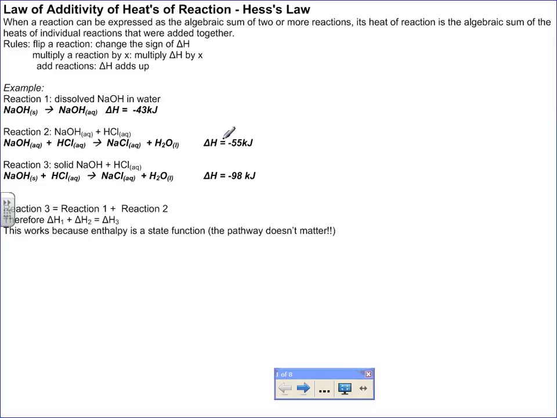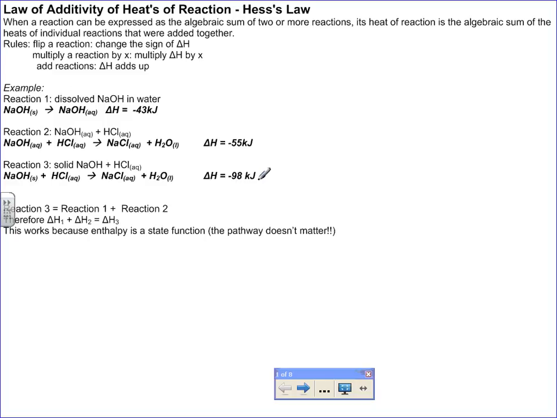These two reactions are really added to produce this final reaction, but we could do this third reaction on its own. So in an experiment, we could do reaction 1 and reaction 2 and find their individual delta H's. We could then also subsequently find the delta H for this reaction, where we react solid sodium hydroxide with aqueous hydrochloric acid to produce sodium chloride and water.